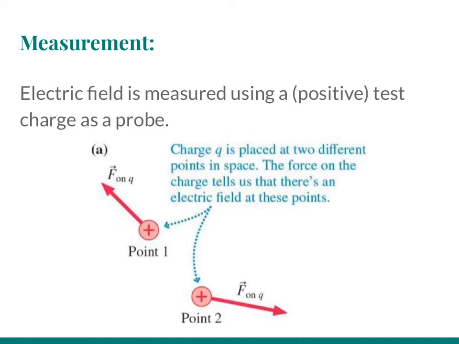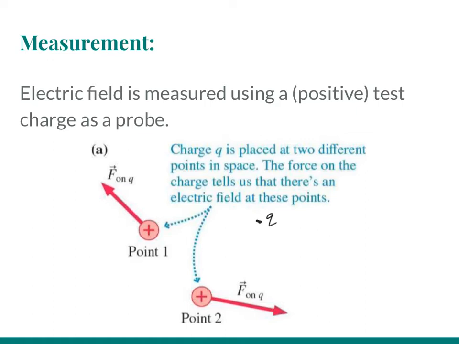Now, in real life, measuring electric field is only possible using a charge because electric charges are the only things that interact with electric fields. So, anytime we're measuring an electric field, we use a small positive test charge, find the force on it, and divide that by the charge of the test charge.